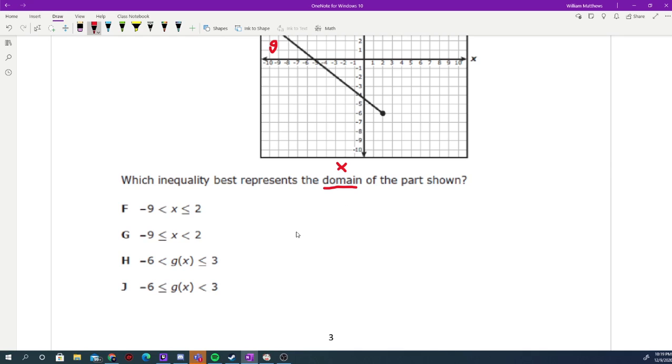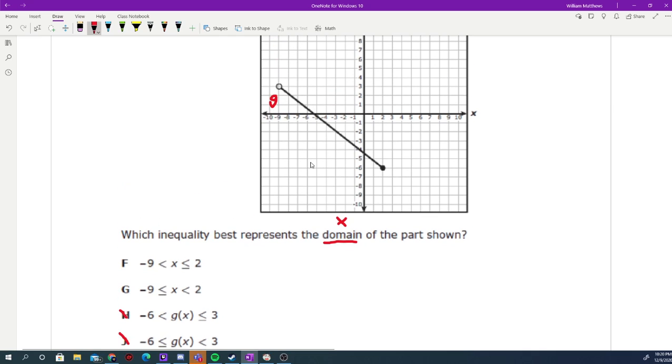Part of your test tips is understanding what you're looking for and compare it to your answer choices. In this case, only F and G are referring to our x values, our domain. H and J are referring to g(x), which would be our y values, our range. So we can already eliminate H and J before I even look at the graph in its entirety.